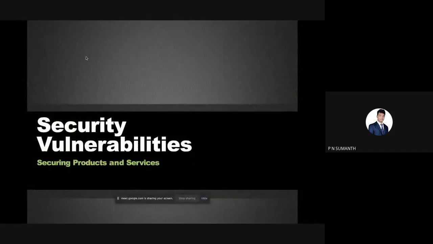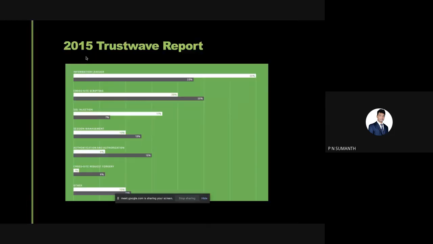So we'll see how these vulnerabilities happen, why data breaches are happening, and how the data is leaked. We'll discuss all types of methods one by one. This is the 2015 report of Trustwave. It was a genuine report of information leakage and cross-site scripting, the types of data breaching, and how much damage was done.